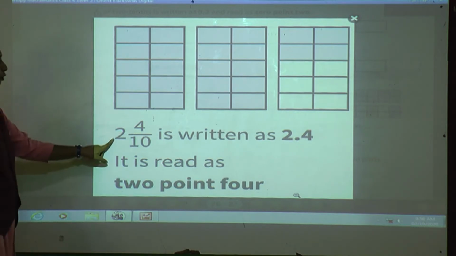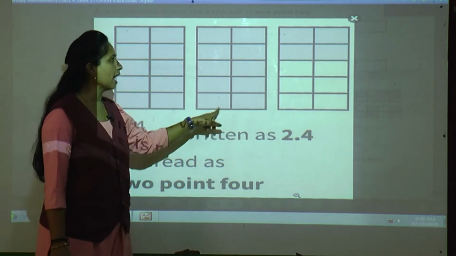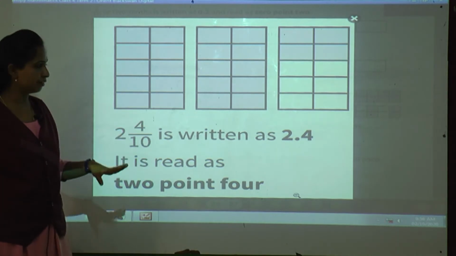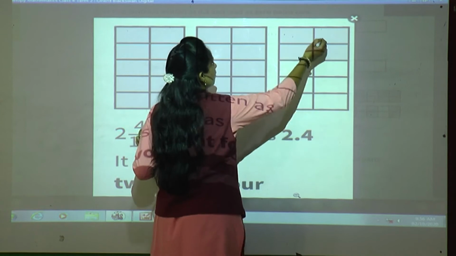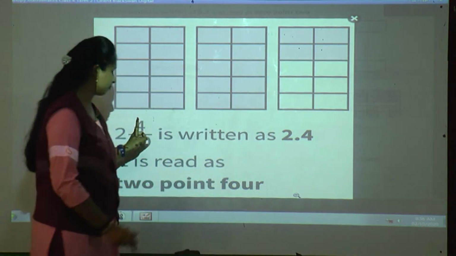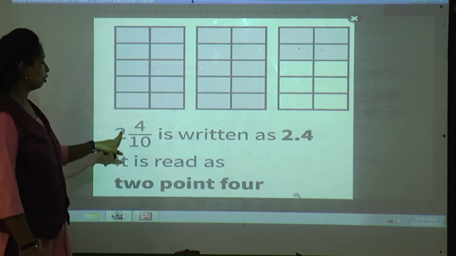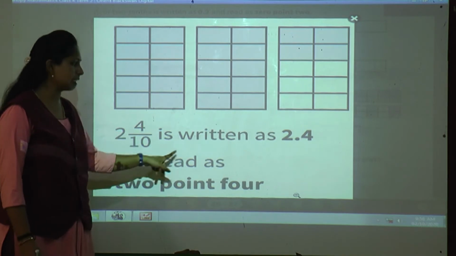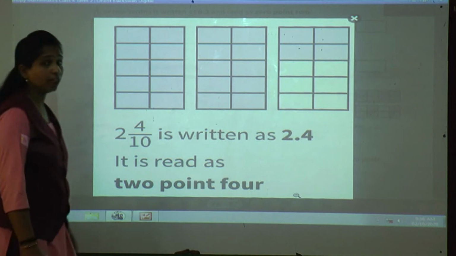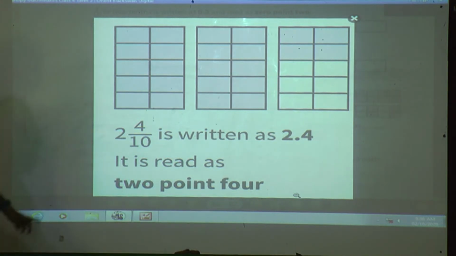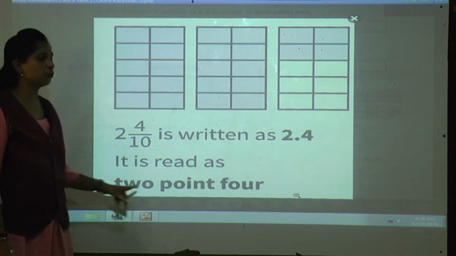So 2 whole parts are colored and the last part is not colored fully. So out of 10, how many parts are colored? 1, 2, 3, 4. So this means 4 upon 10. So 2 4/10 is written as 2.4, and it is read as 2.4.